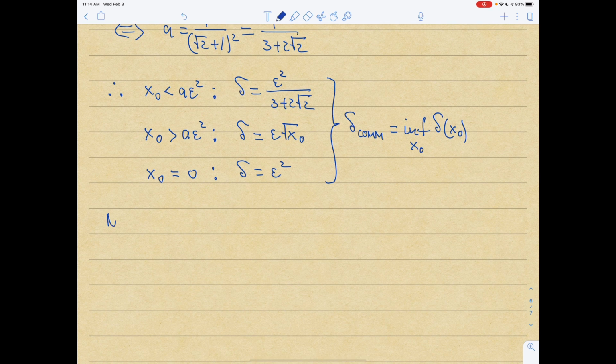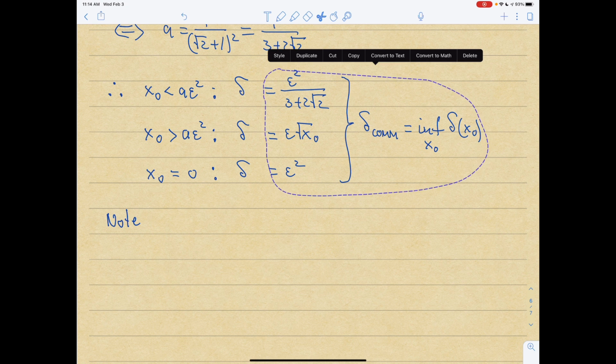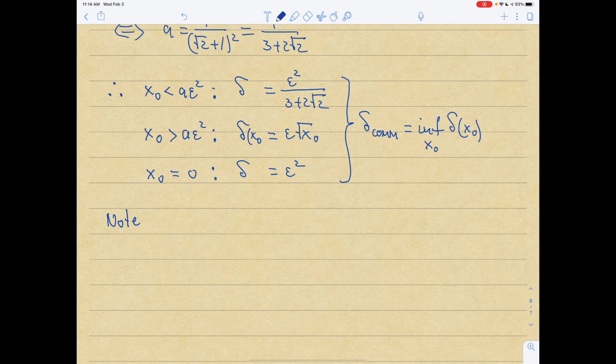So note, and let's put delta of x0 in all of those. So if x0 is larger than a epsilon squared, then the infimum of delta of x0 is, I just need to plug in the smallest possible x0, so that would be a epsilon squared.